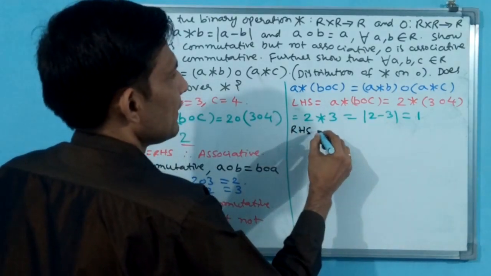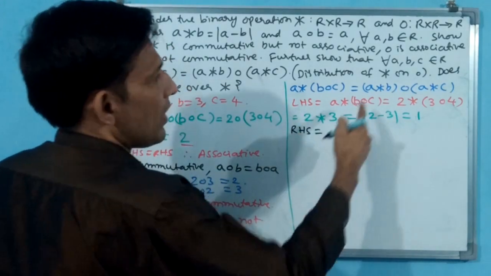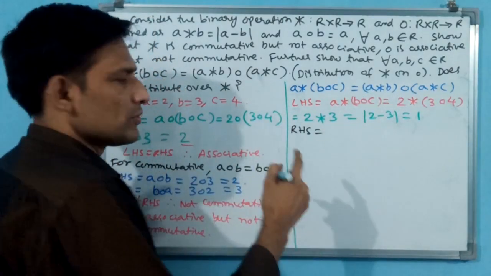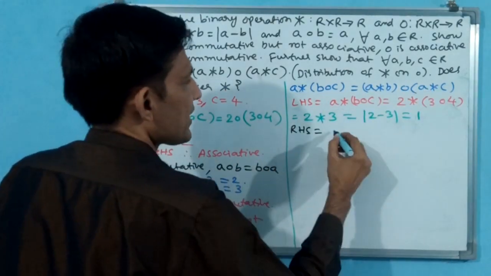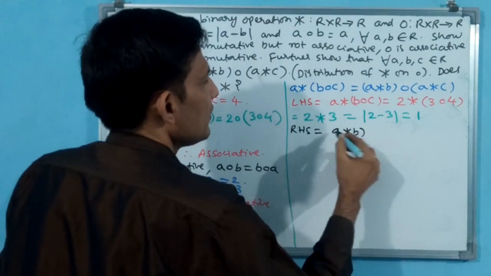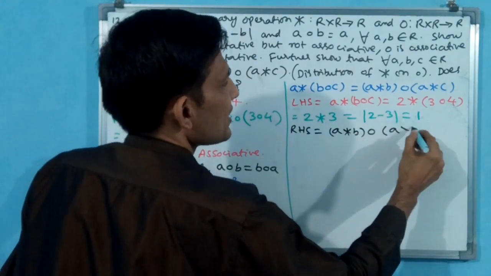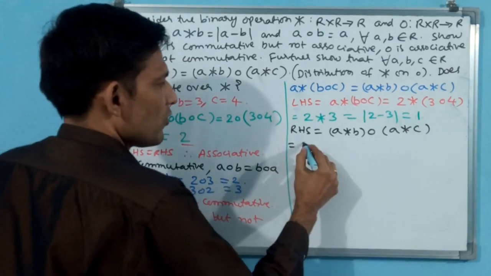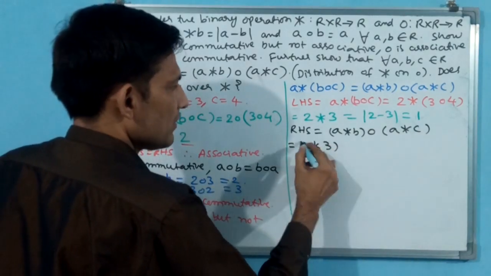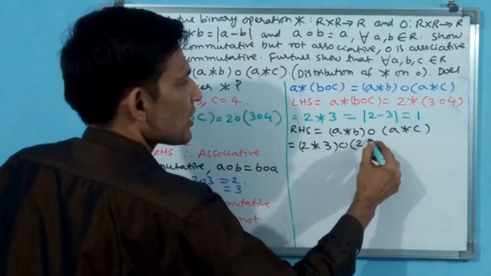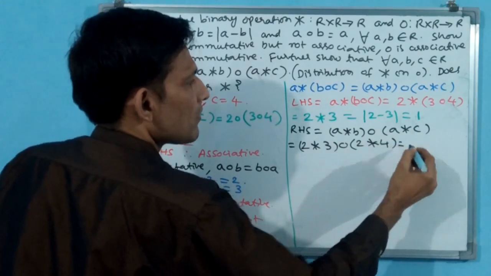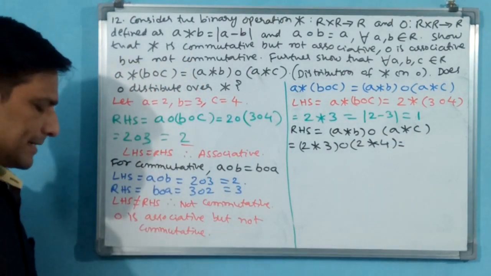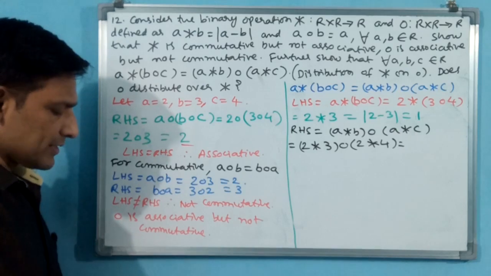RHS is a big one, but you do the same. First you write that RHS: (A star B) O (A star C). That is equal to, A is 2, we know, (2 star 3) O (2 star 4). Now you tell me, 2 star 3 means what?